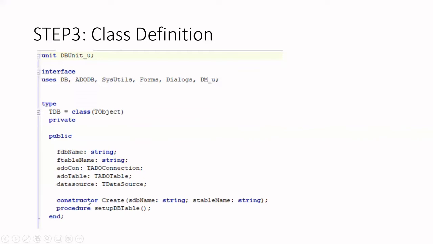I've got a constructor. The constructor has two parameters. The one is for the database name, and the second is for the table name. I bring them in as parameters, and when the object is being created, I send in the name of the database and the table.